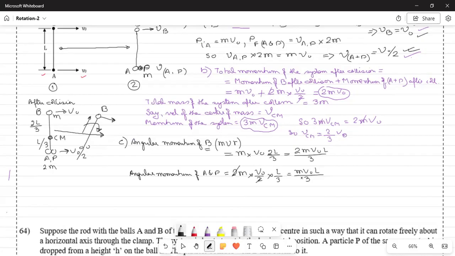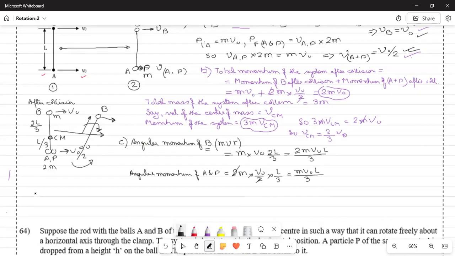Now, one thing you have to understand here very clearly. Angular momentum of B is more than the angular momentum of A and P together. That is very obvious because the velocity of A and P together is down. So its net angular momentum will be the difference between the two, because this body will try to oppose the angular momentum of B. Shall I write it?